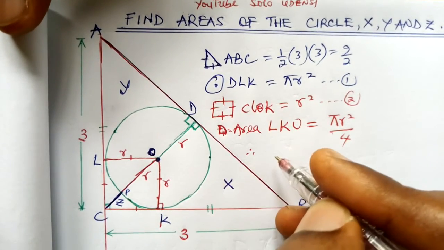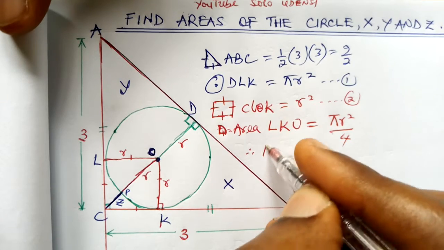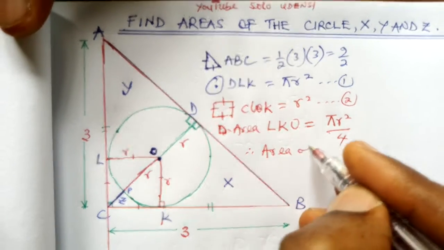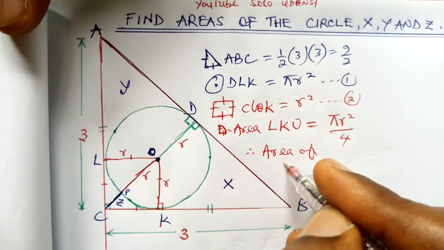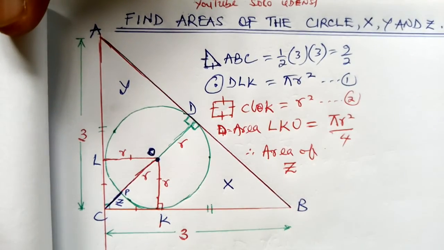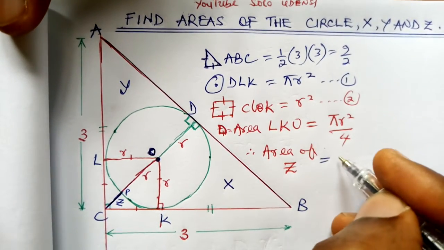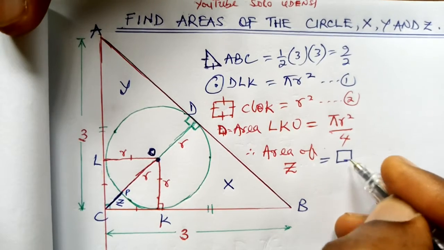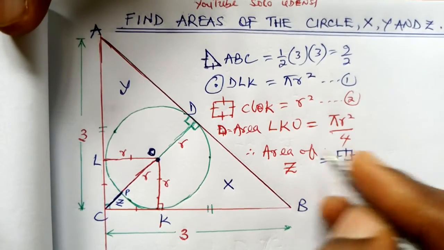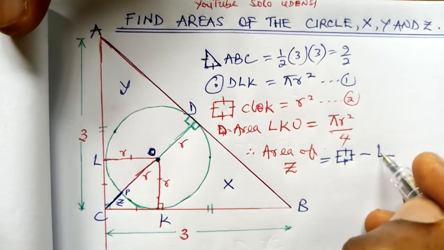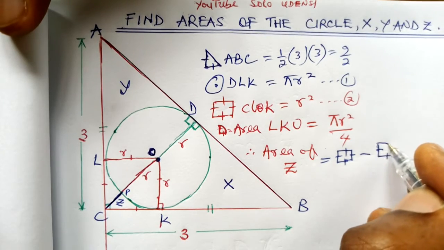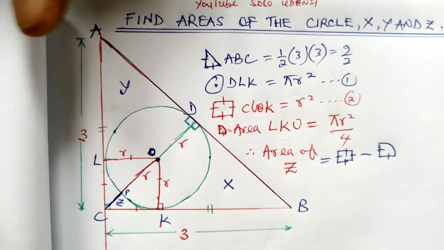Therefore area of Z is equal to area of the square minus area of the quadrant.